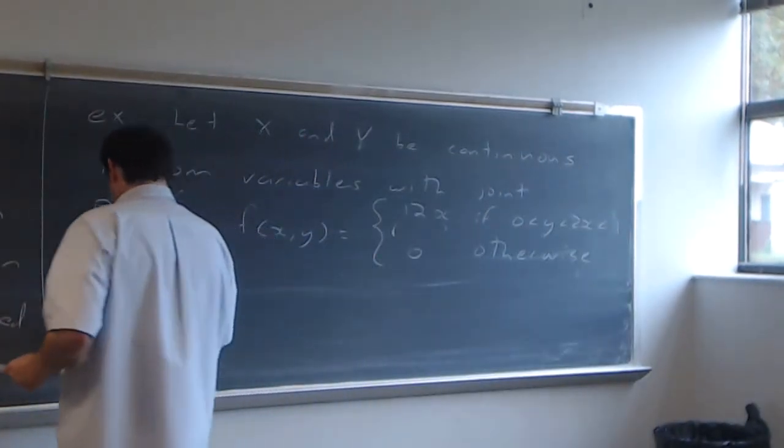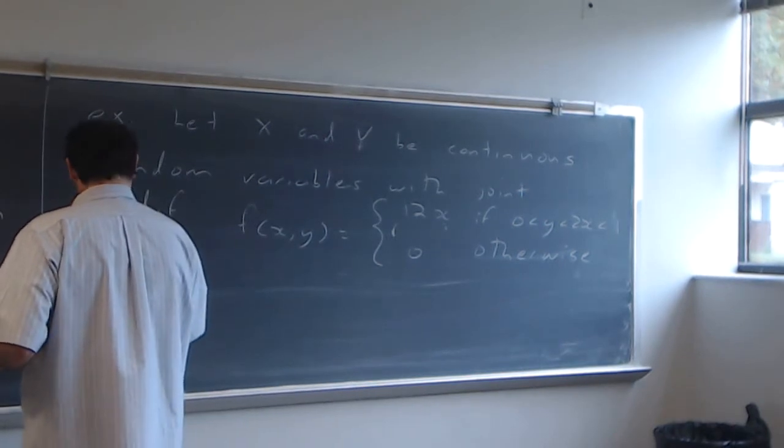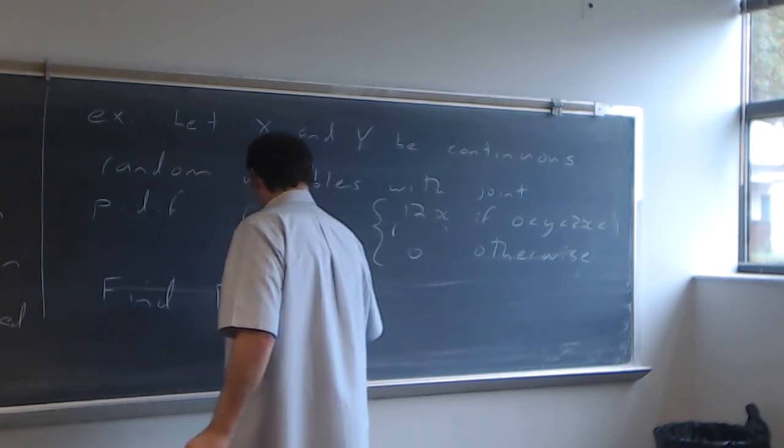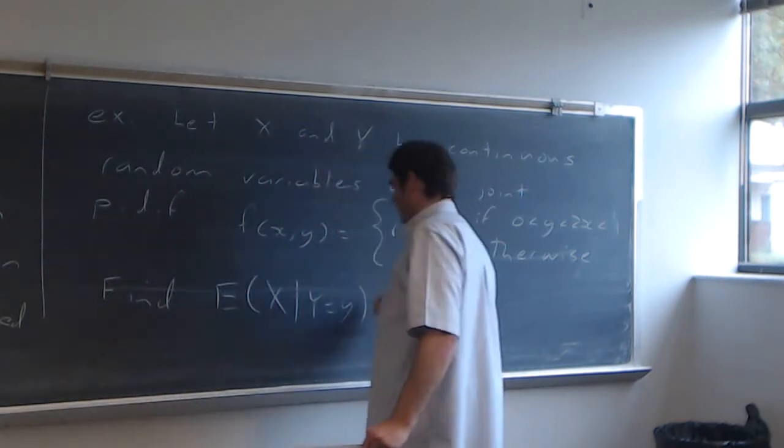And here's what we're going to find. We're directed to find the conditional expectation of X given Y equal to little y.